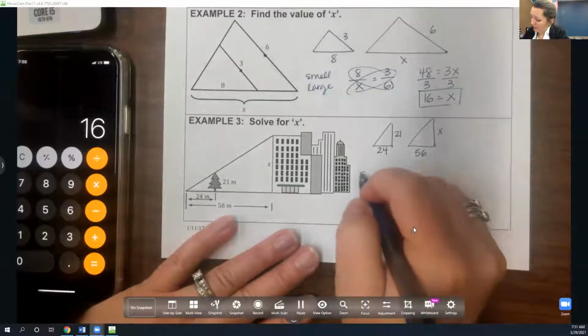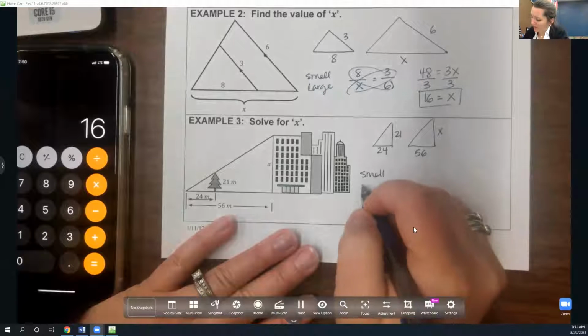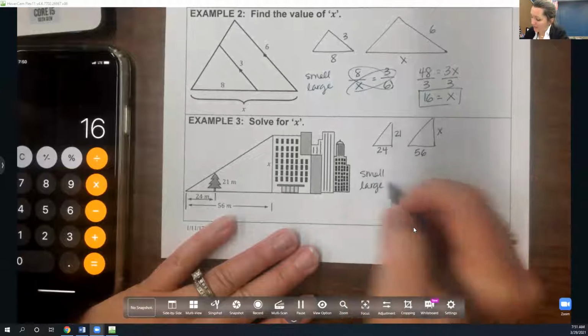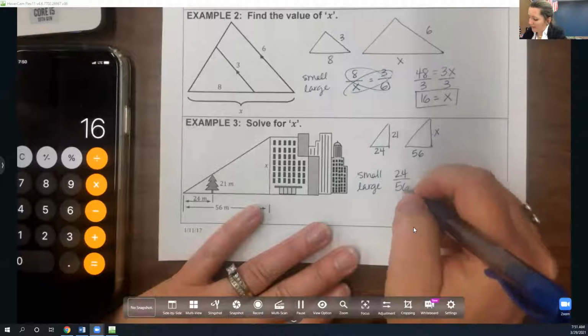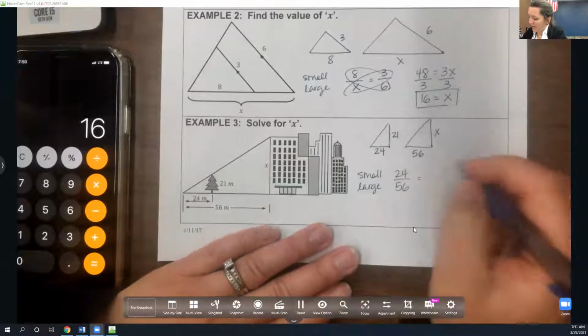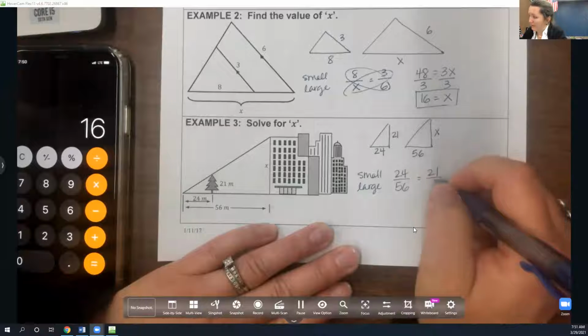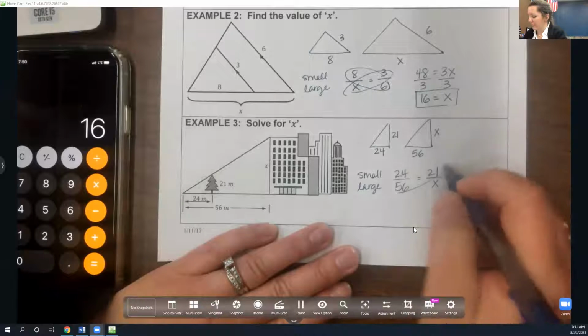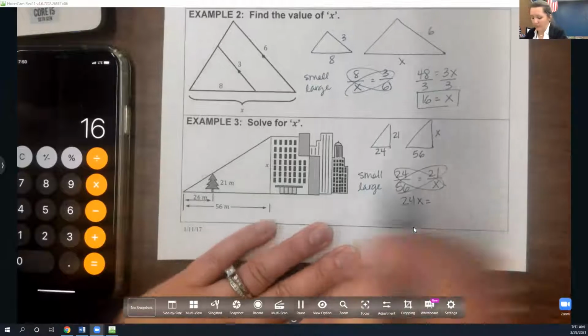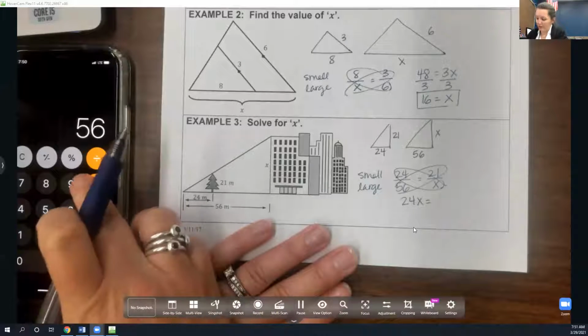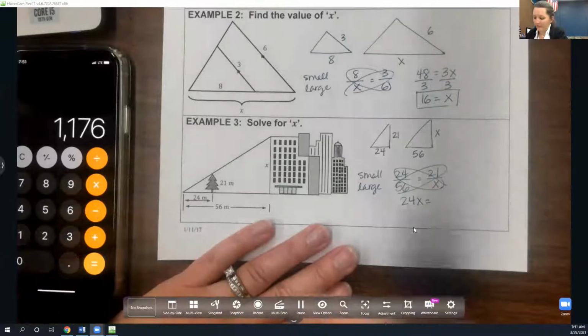So let's go ahead and do small to large. We'll do the same thing, that way we can keep it consistent. So I have 24 to 56, and then my next fraction is 21 to x there. So we'll cross multiply, and we have 24x equals, I don't know that number, 56 times 21.